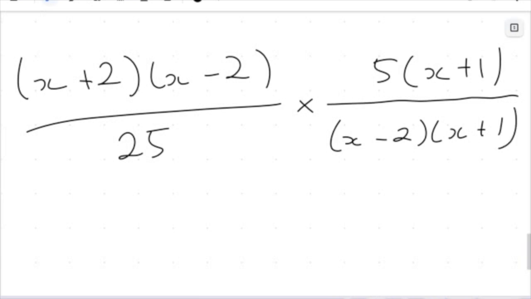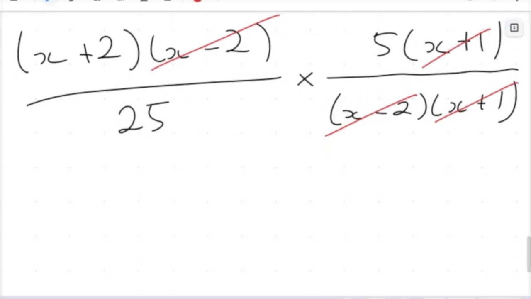Now look how much easier it is to work with. I can simplify way easier now. I have x minus 2 up here, x minus 2 down here. I have x plus 1 up here, x plus 1 down here. I can now think about cancelling.